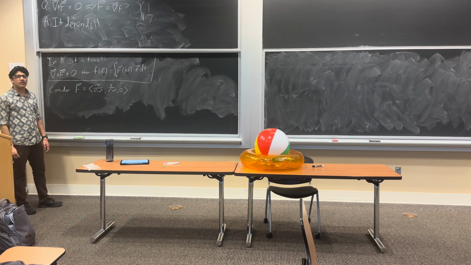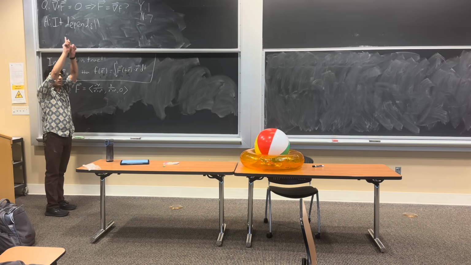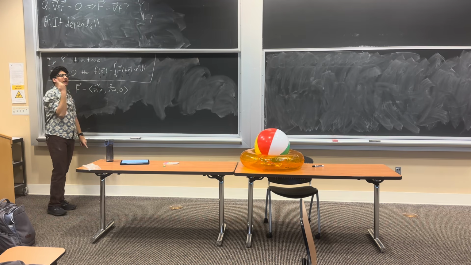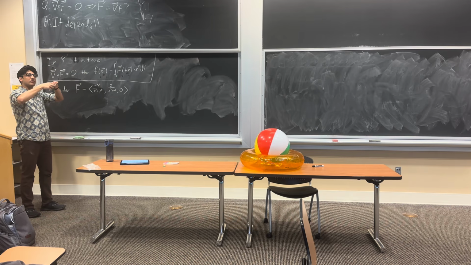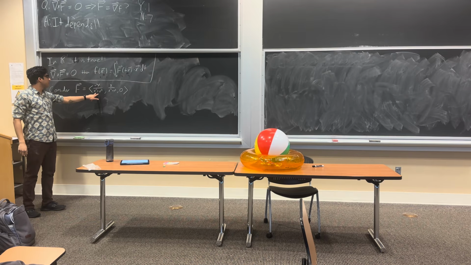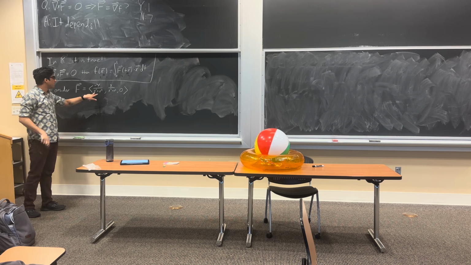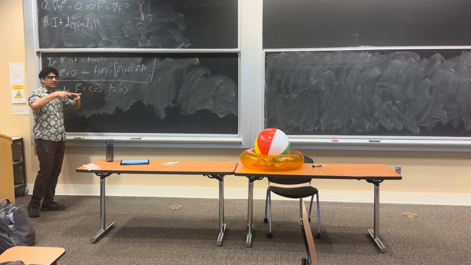So if you want to picture it, around the z-axis, it's going in a circle. And as you get closer and closer to the z-axis, to x and y both equaling 0, it's growing larger and larger in magnitude.